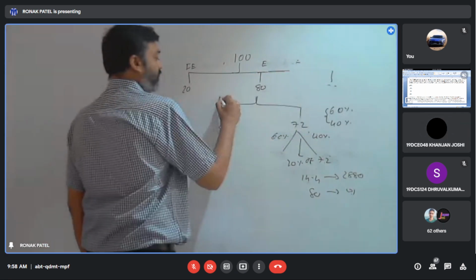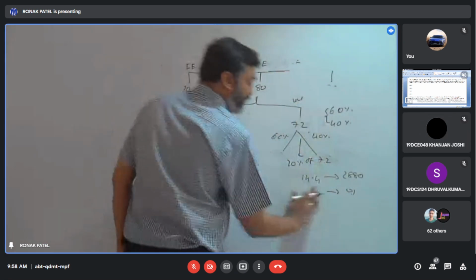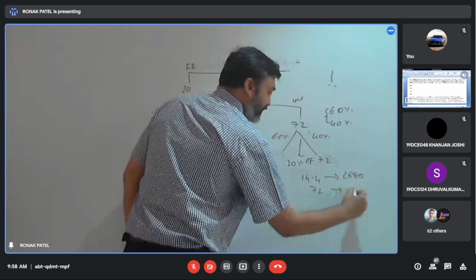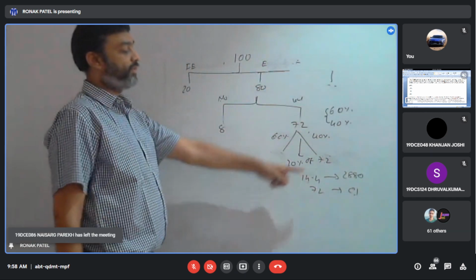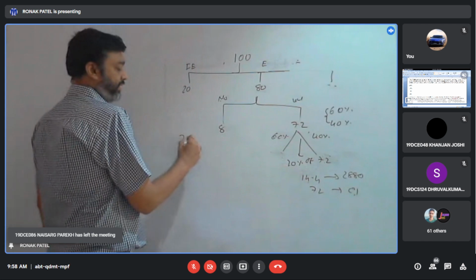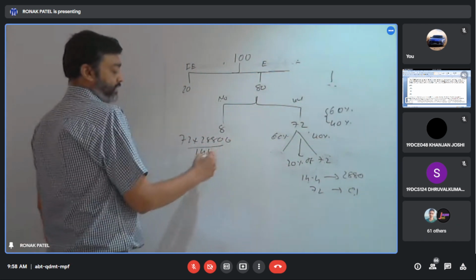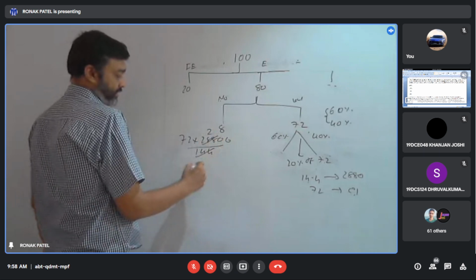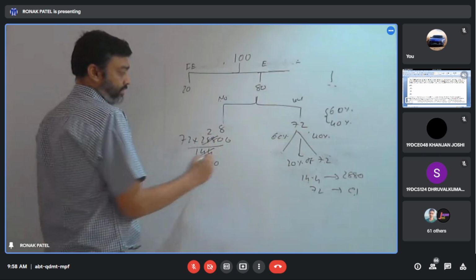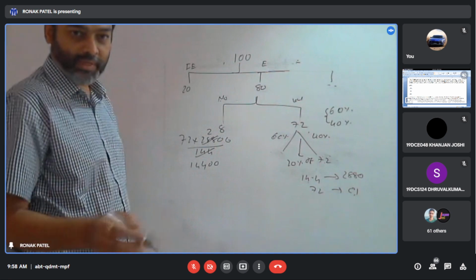This is not voted and this is voted. So you have to find out 72 means how much? That's the question. So 14.4 equal to 2880. So 72 into 2880 divided by 14.4. So the answer is 14,400. That option is not matching here.